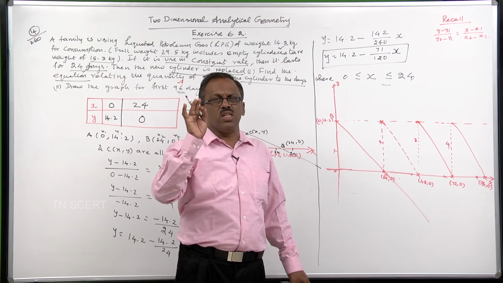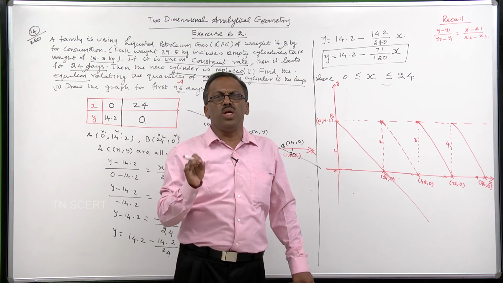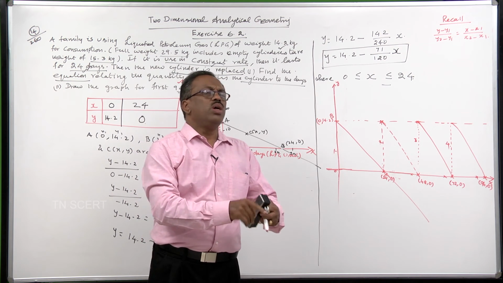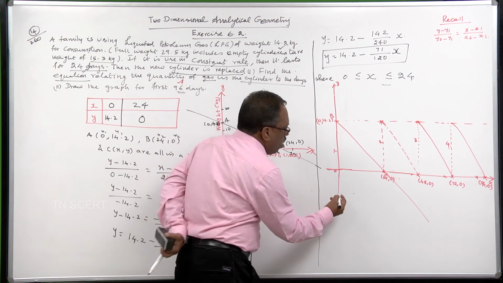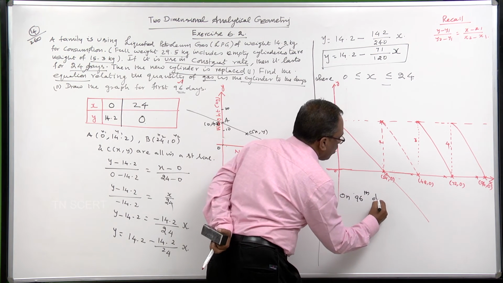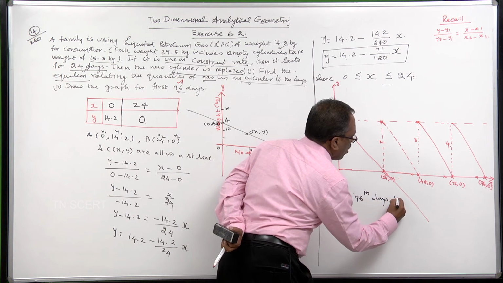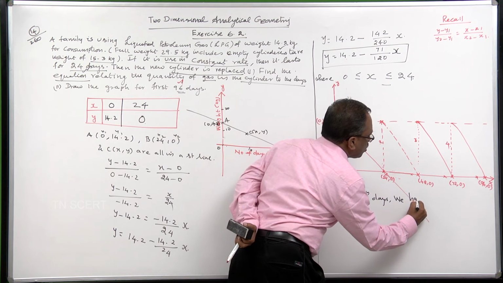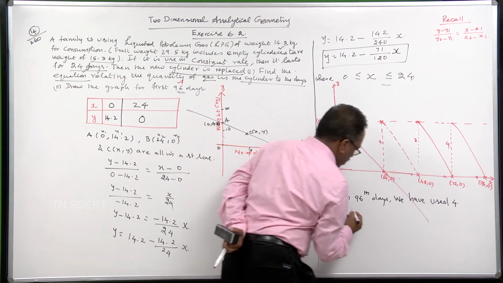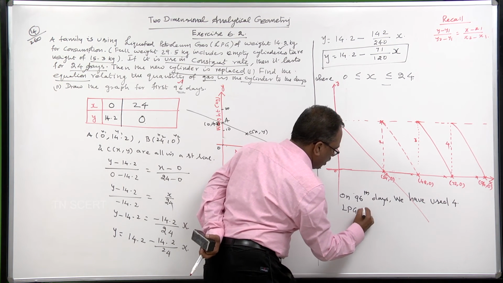Now on 96 days when you are using, you need to use 4 cylinders. On the whole, on 96th day we have used 4 LPG cylinders.